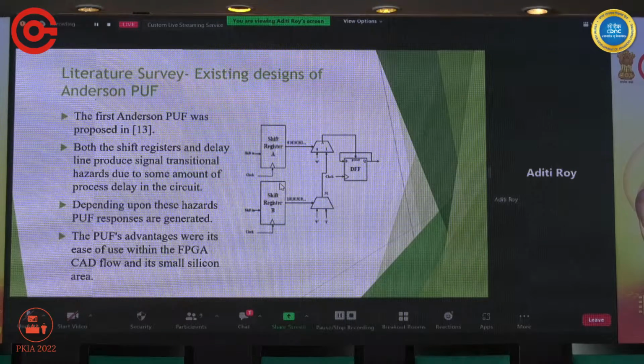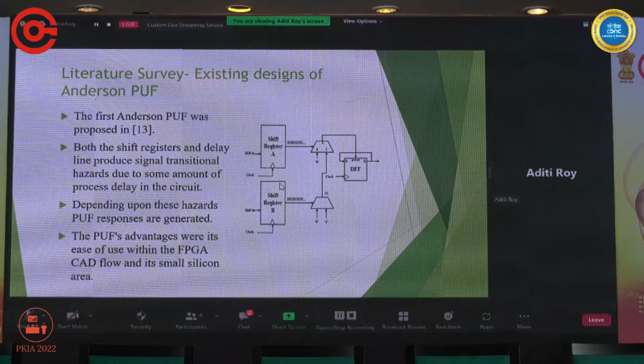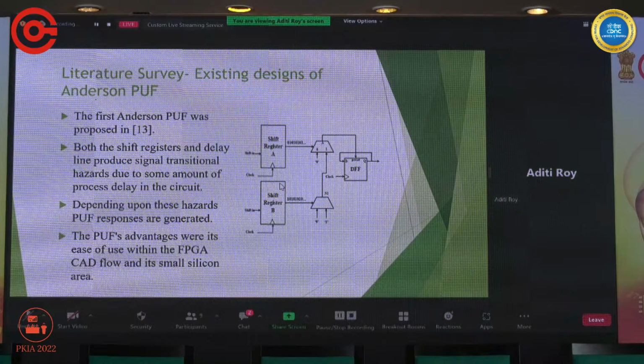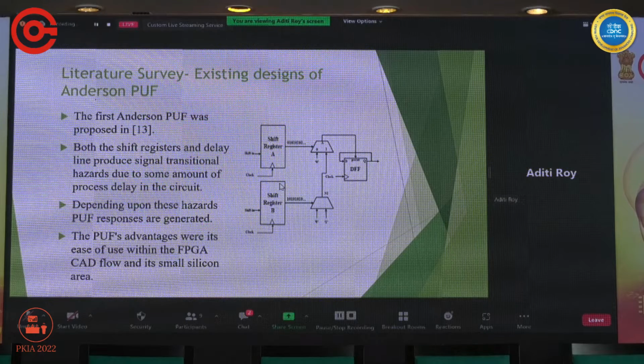Then why did we use this Anderson PUF? First, what this Anderson PUF is needs to be discussed. The Anderson PUF was first proposed in reference number 13, which is shown here. There are two shift registers, and there is a carry chain which has two multiplexers. From the shift registers, the initial values are given, which are opposite. If shift register B has a 1010 pattern, then shift register A will have the opposite pattern.